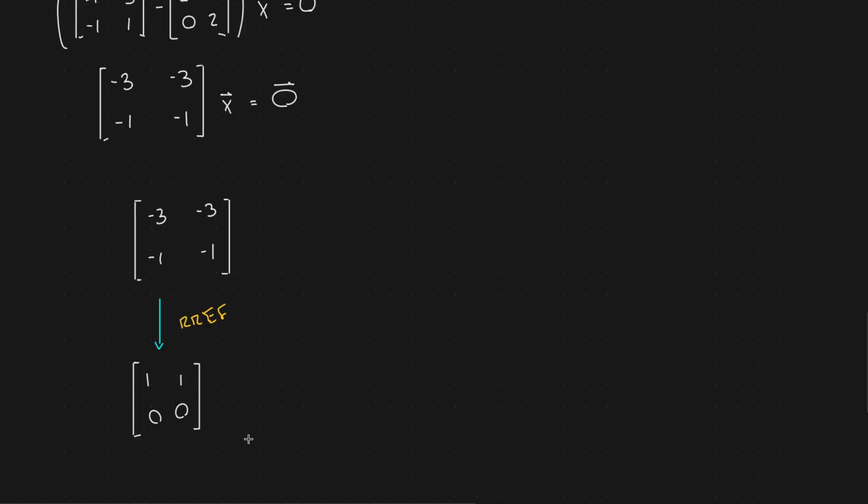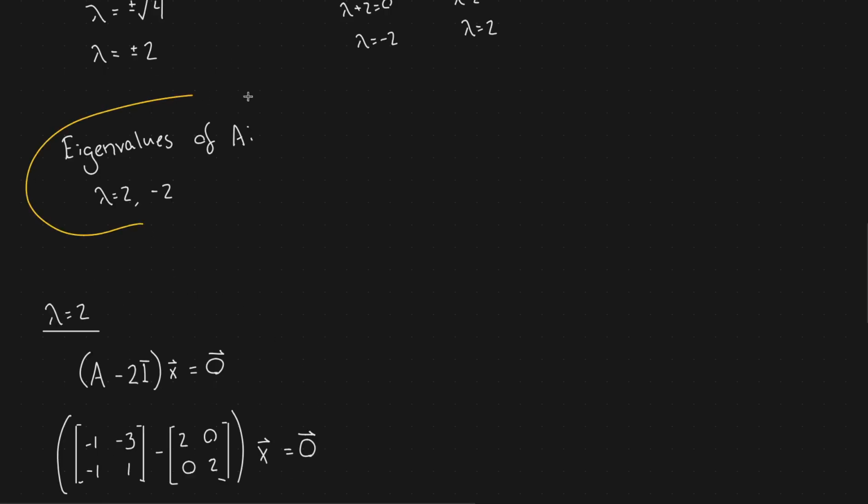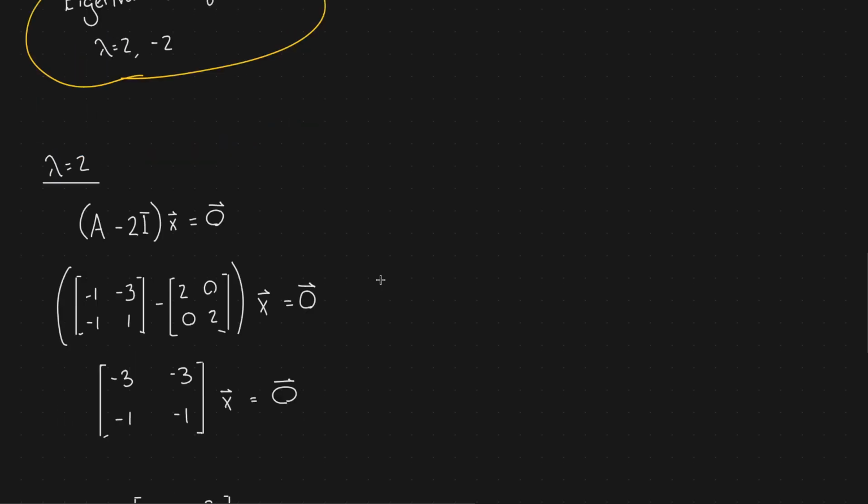That's what I want. If I don't have a free variable after I've done the reduced row echelon form, then I've done something wrong, right? We have chosen the values of lambda to make sure that our system here will have infinitely many solutions. We'll have at least one free variable, okay?